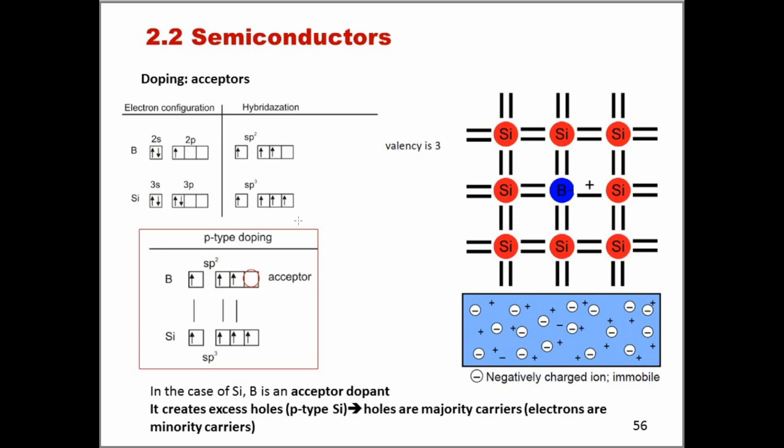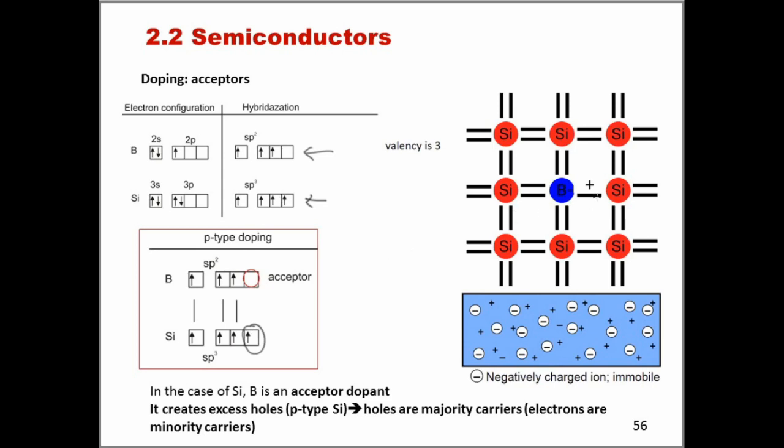So let us have a look in more detail at the doping process. Here we have boron and silicon and their valence electrons. After hybridization, these valence electrons are distributed in these two ways here. This means that when we place boron into a silicon crystal, one electron of silicon remains unpaired.